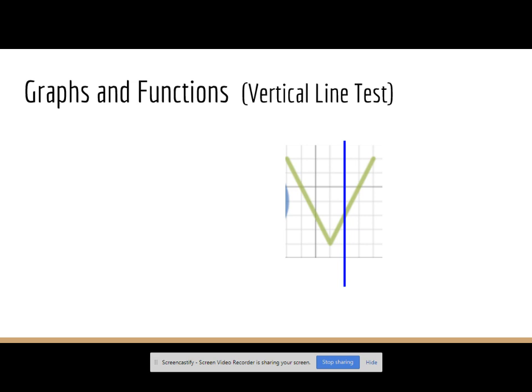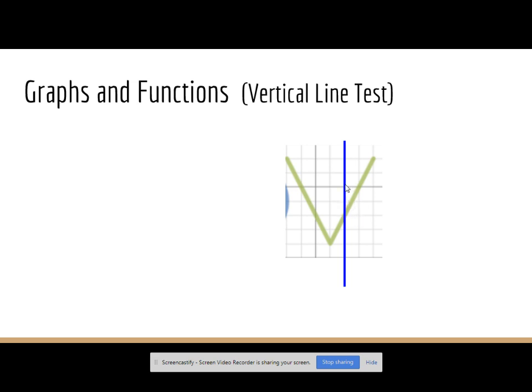If I draw a vertical line, a straight up and down line, anywhere on this graph, it's only going to cross the graphed line one time, right here. So when 2 goes in, -2 comes out. So I again started at 0, 0, went over 1, 2. And so 2 was the x value, and I went down to -2.